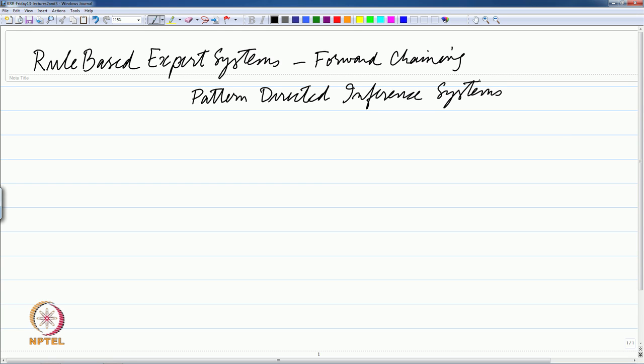So, we will see either in this class or in the next class that when we build this inference engine which does this match resolve execute cycle, we are essentially laying the foundation of implementing a programming language. For example, OPS5 is a programming language, and whenever we talk about a different paradigm or different type of programming language, one of the questions we ask is how is control specified for execution.